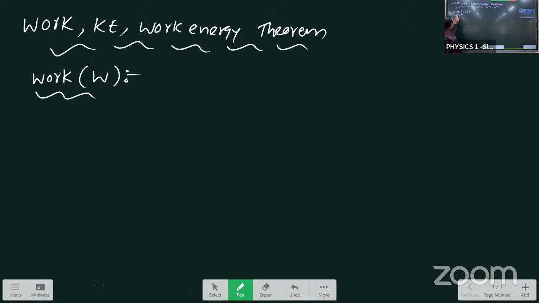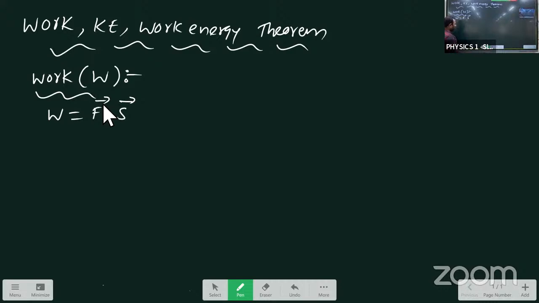So they're asking the question: define work, kinetic energy, work energy theorem. First, work is denoted with capital W. W equals F dot S. F stands for force, S stands for displacement. Dot product of force and displacement we are calling work.